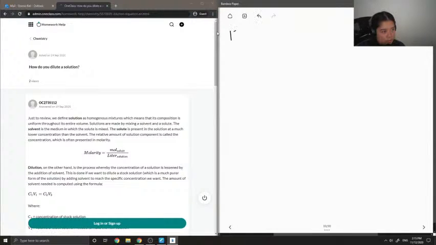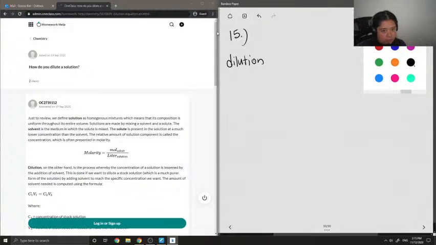Okay, so on to question number 15, sorry. How do you dilute a solution? So first I'll write out the definition of dilution.